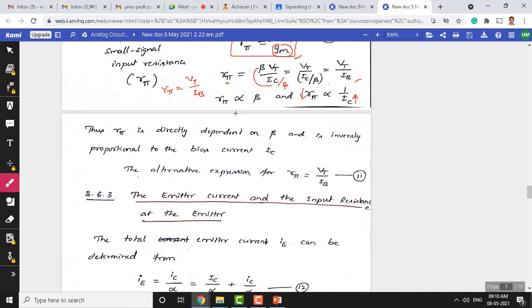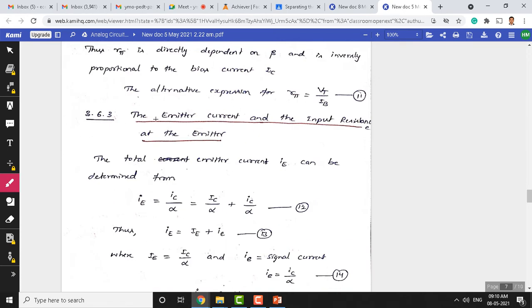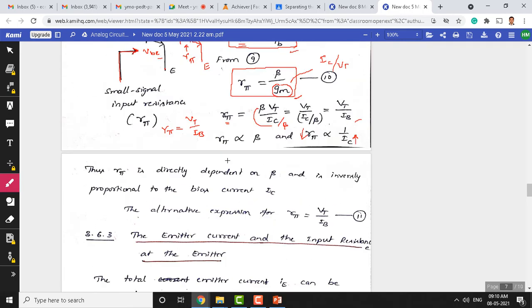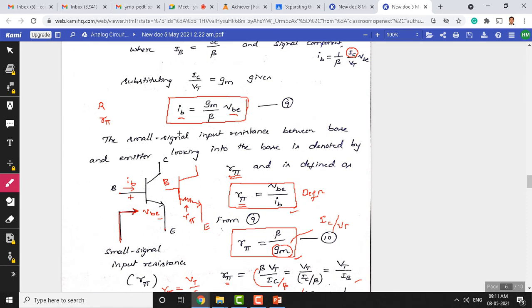The same procedure is followed to find the emitter current and the input resistance at the emitter. The circuit and the transistor remain the same, but now we are measuring the resistance as seen from the emitter, with the arrow mark like this. Just write it here.